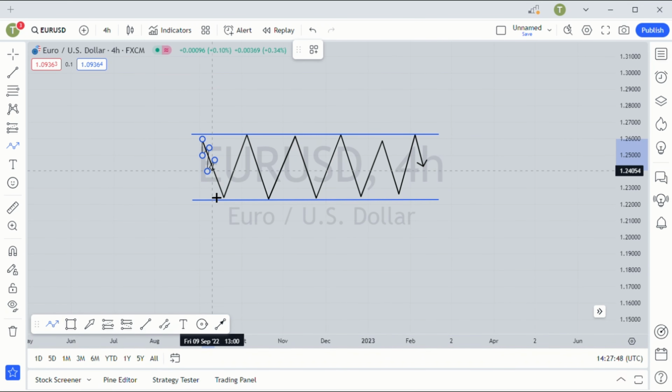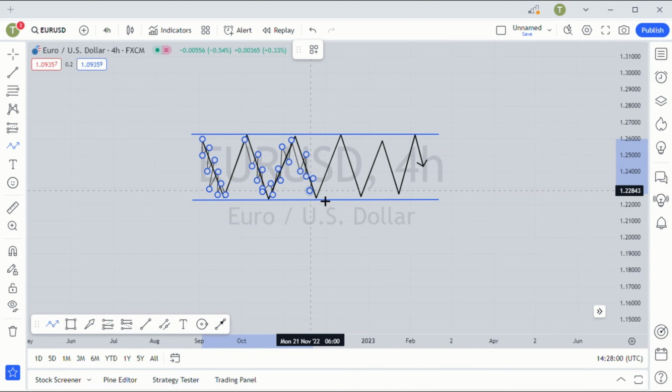Inside of these ranges, we still have trends within trends. So you can trade them and profit from them, but I recommend that you stay away from ranging markets. They can be beneficial, and there is a strategy whereby you can trade them, which we call liquidity sweep and so on.